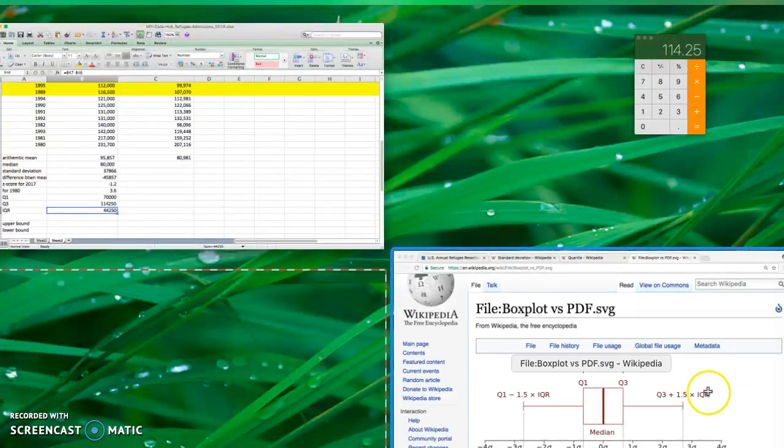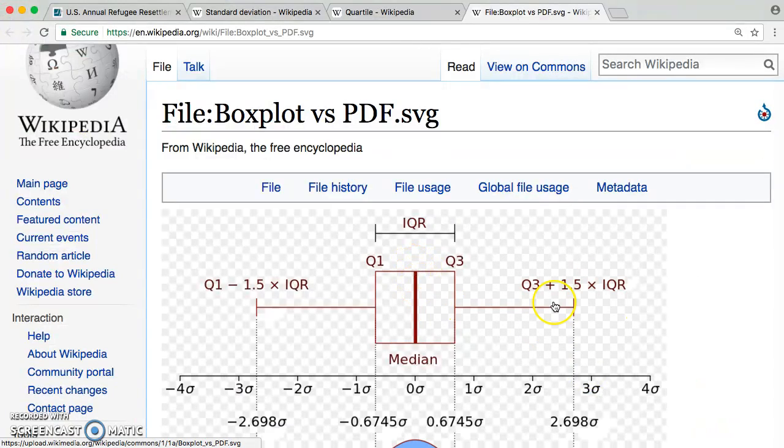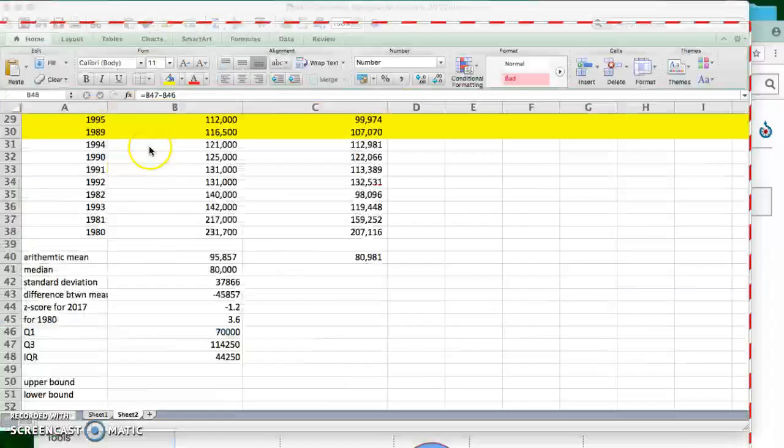And so now I'm going to come back to this, and the question is, what is the upper bound? The upper bound, which is always equal to or higher than Q3, is 1.5 times the IQR. You start at Q3 and then you add 1.5 times whatever that value is in the IQR.